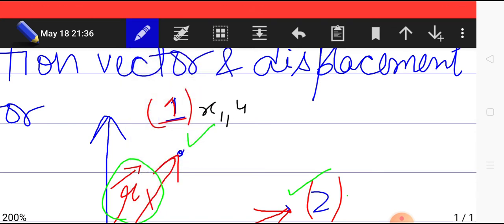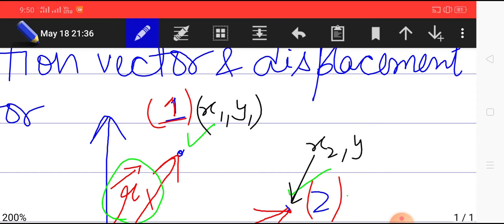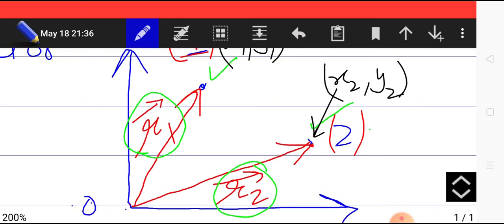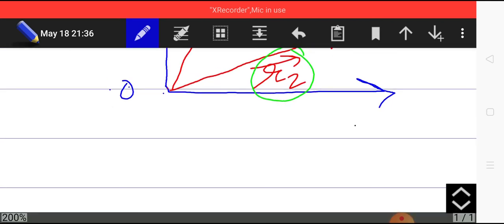Okay, now let us consider the coordinates of point 1 are x1 and y1, and similarly the coordinates of point 2 are x2 and y2. You must know that we can write these vectors in component form.